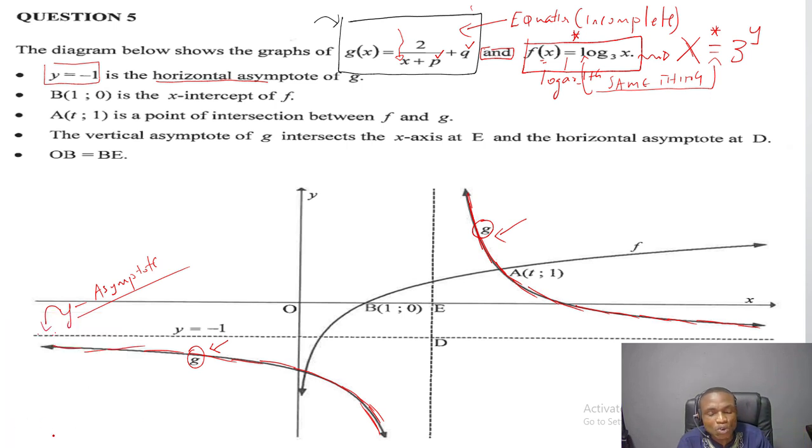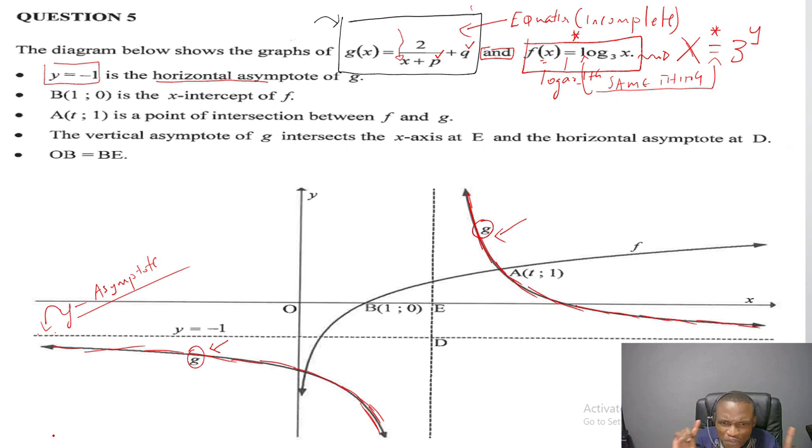But it's very important now to know which function this asymptote belongs to, because I'm having two functions here. I'm having the hyperbola function and the exponential function brought together. On question 5, they are together. And I see the horizontal asymptote y equals negative 1, which is the y asymptote.